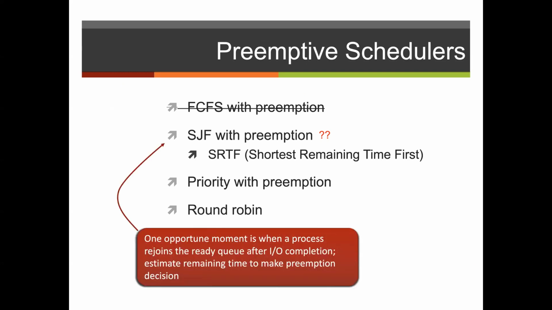And so when we think about what might represent an opportune moment, this could be when a process rejoins the ready queue after IO completion, and then we want to estimate the remaining time to make the preemption decision.